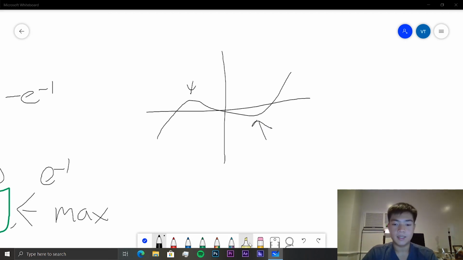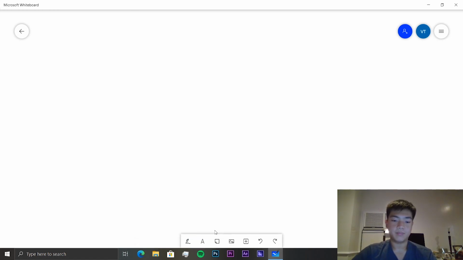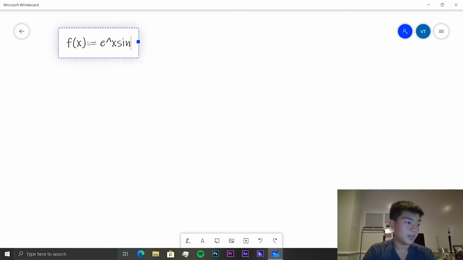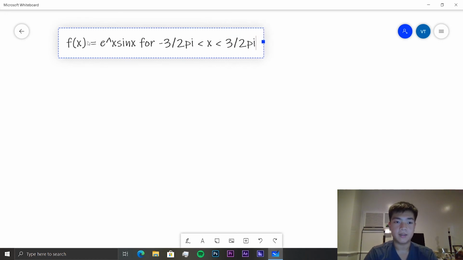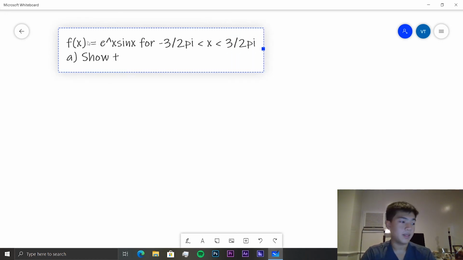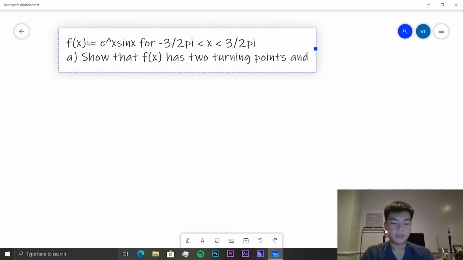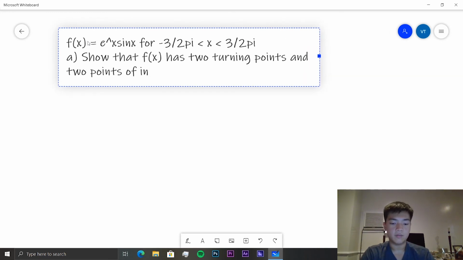Okay, on to the final question. And the final question is, f of x is equal to e to the x sine x for negative 3 over 2 pi is less than x is less than 3 over 2 pi. So first, show that f of x has 2 turning points and 2 points of inflection.